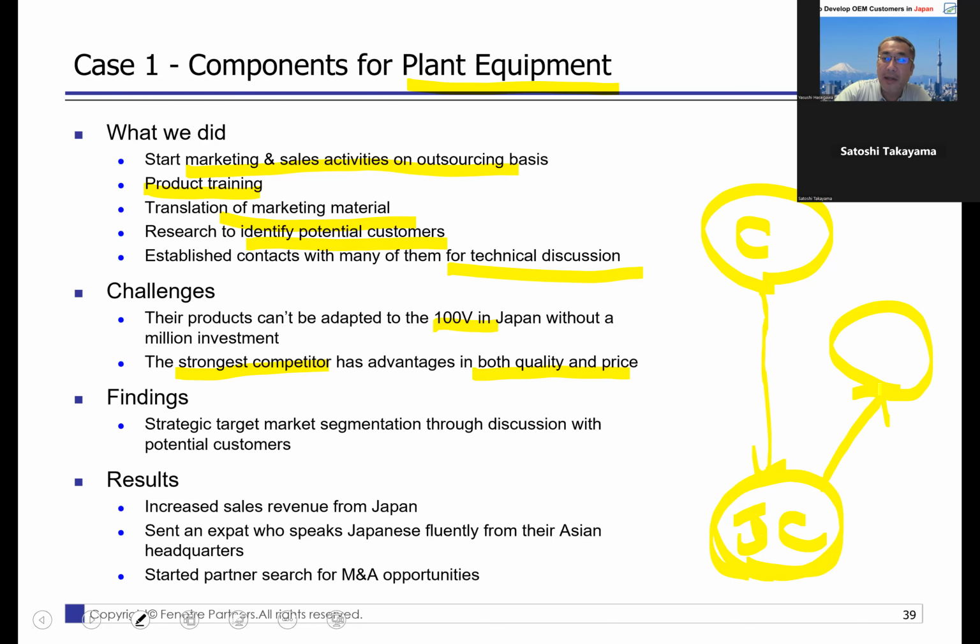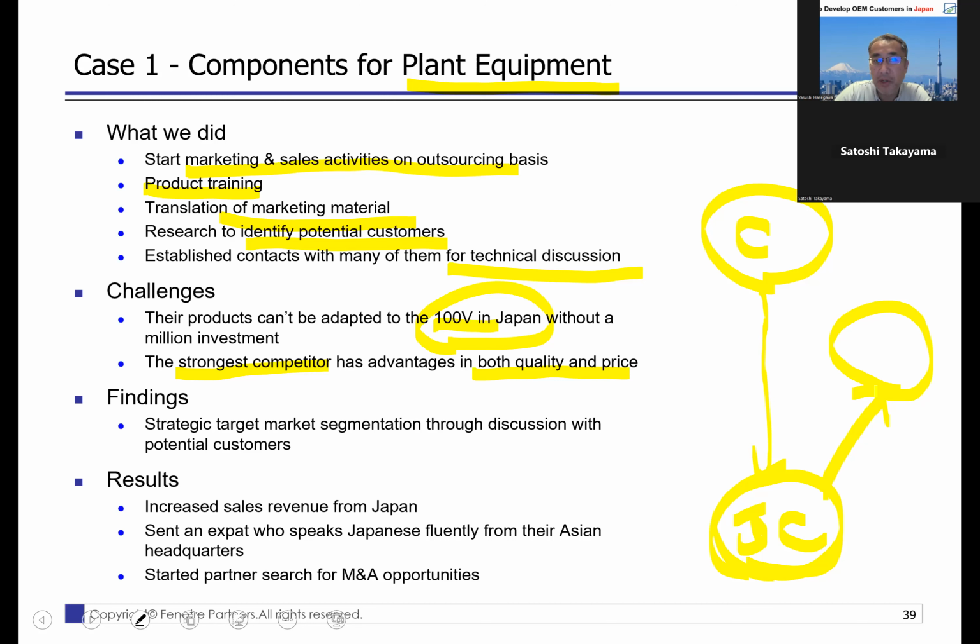In this case, the Japanese voltage standard doesn't matter because the final products are used in different countries. And our client has a strong maintenance network in the Middle East and Southeast Asia. That's why they focus on the export market from Japan to overseas.